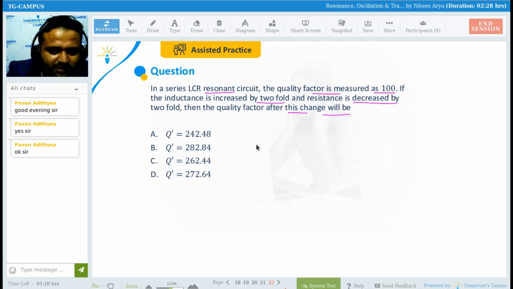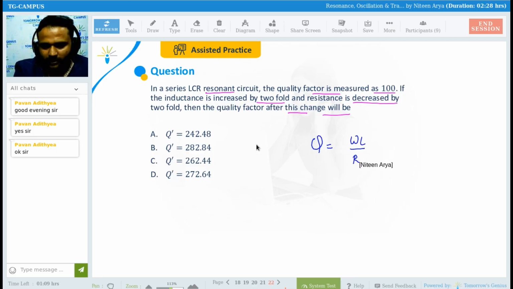Okay, tell me the correct answer then. I gave you enough hint. B. Everyone got B? Yes. So quality factor here is omega L by R, and we use omega equals 1 by under root LC.